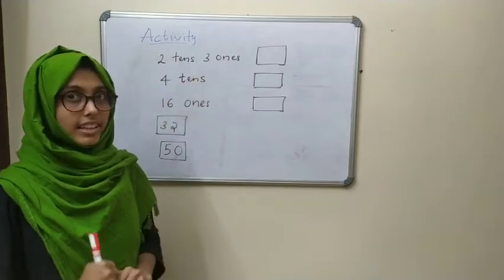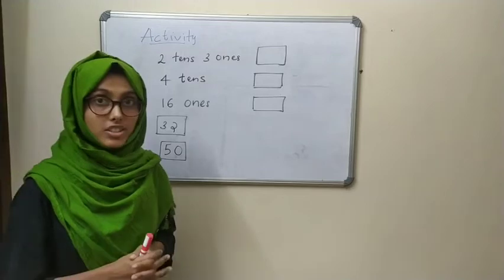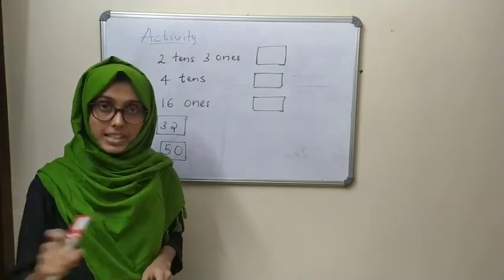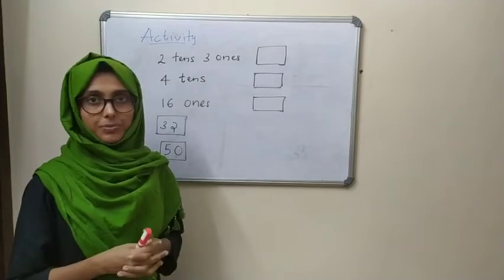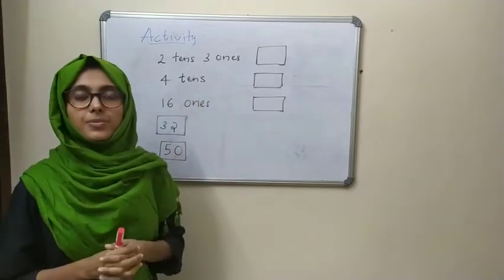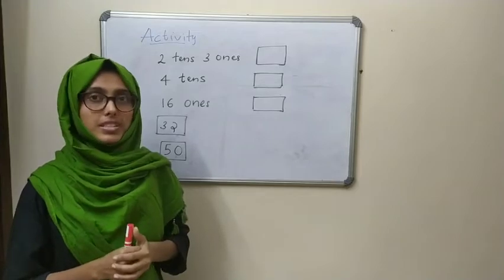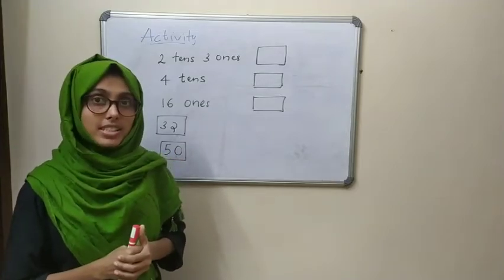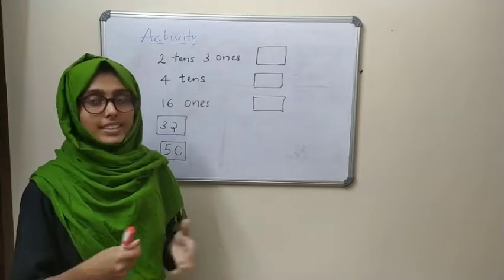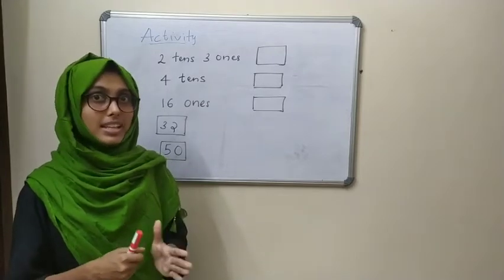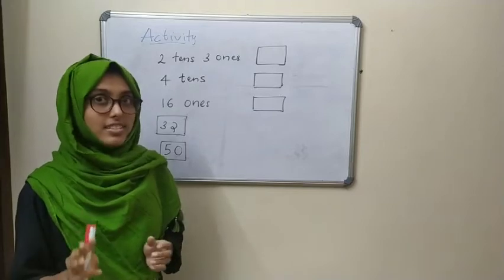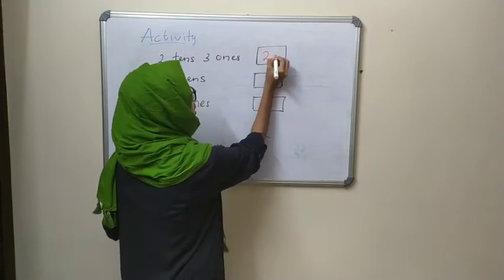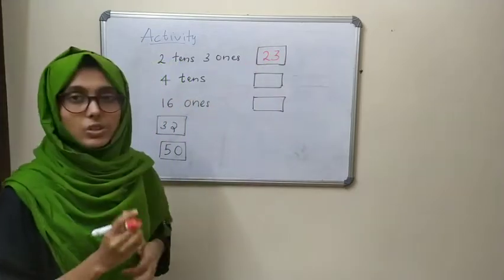Now tell me, what is that number? 2 tens, that means 2 10 rupees, that is 20. And 3 ones, 3 1 rupees. So 2 10 rupees and 3 1 rupees. How much is that? 23. 2 tens means 20 and 3 ones, 23, isn't it? So I will write here 23.